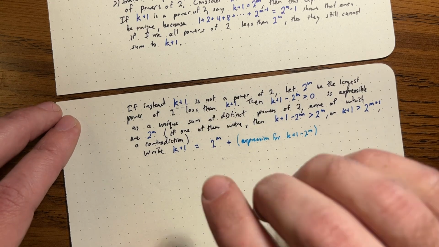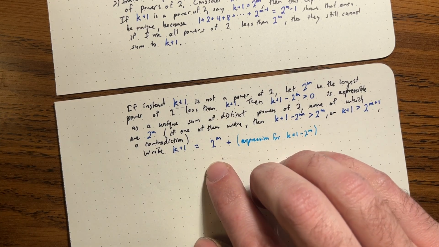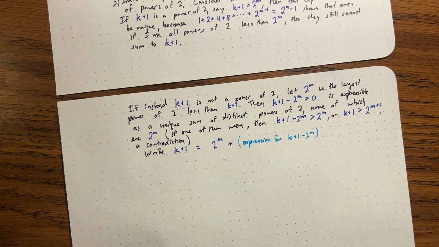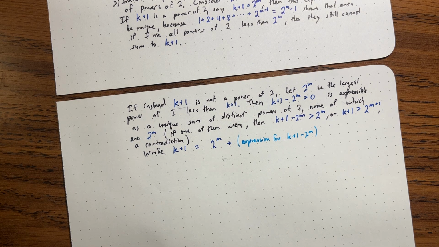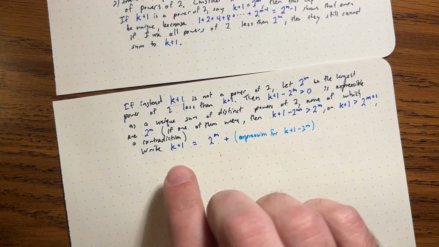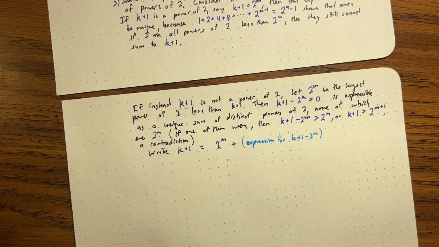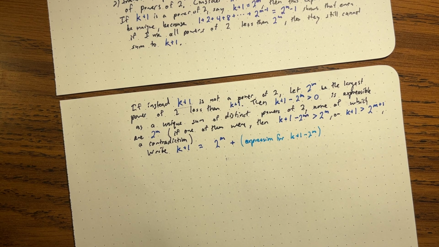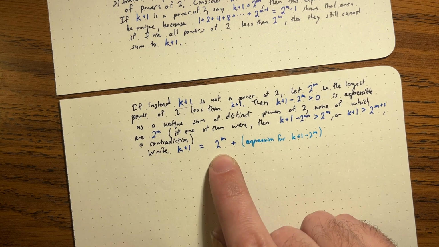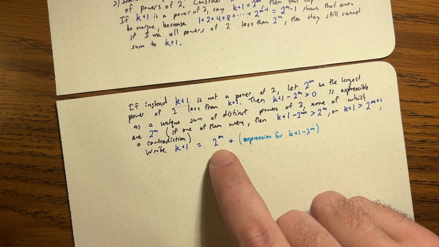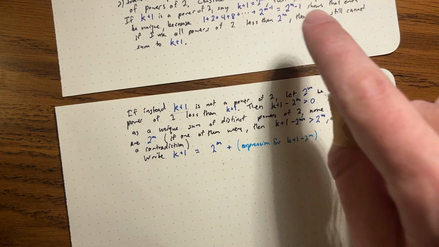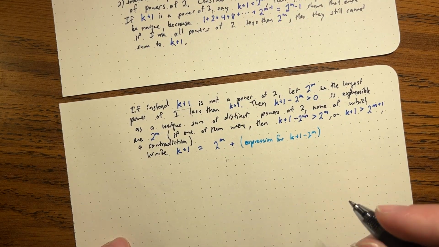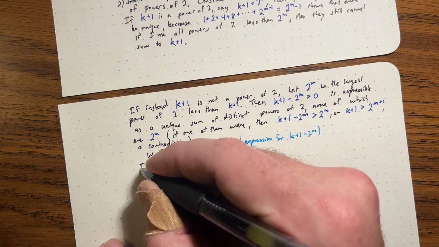Here's the problem. How do we know these are unique? You might want to think about that for a second. How do we know there's not a totally different way to write this as a sum of powers of 2? Well, suppose there were. Suppose there were 2 ways to write it. Well, both of them would have to include 2 to the m, right? By the same argument as above.